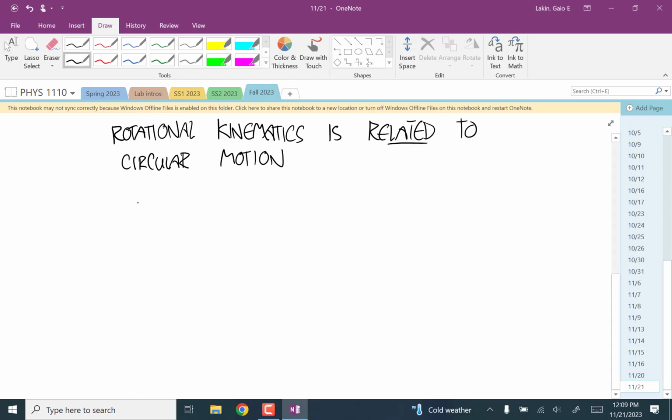So this is circular motion. We're thinking of this object as a particle, and it's moving around a circular path like this. Is it spinning as it goes around? We have no idea, and we don't care because it's a particle. So this is circular motion.